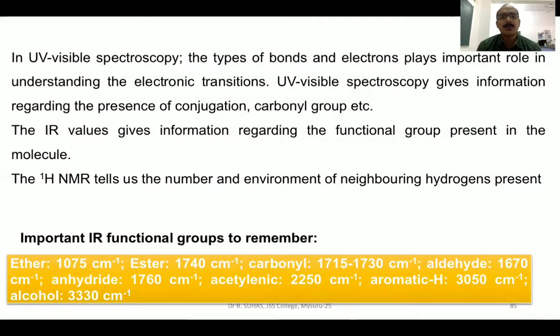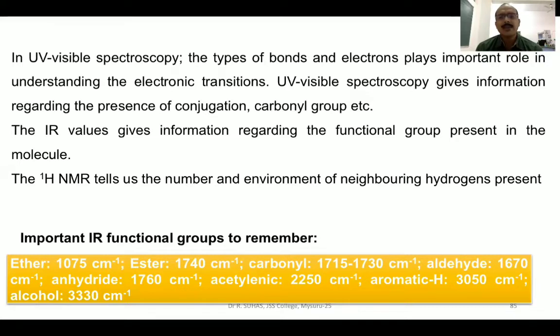Before going into the problem, let me just brush up your memory by explaining what information can be obtained by using UV visible spectroscopy. By using UV visible spectroscopy, one can arrive at the information about the conjugation or aromaticity present in the sample along with the carbonyl group.